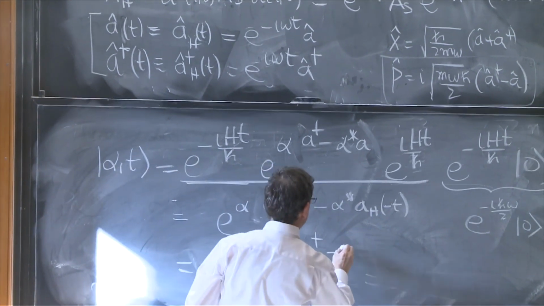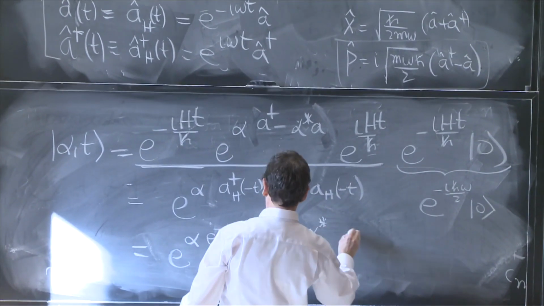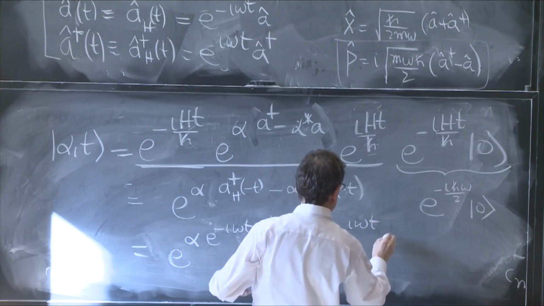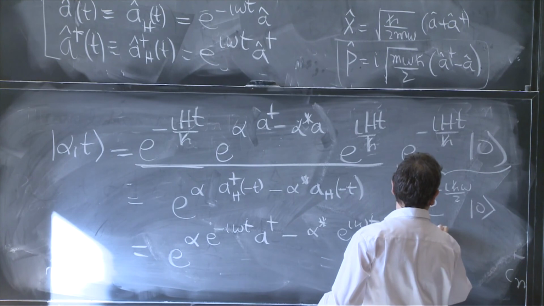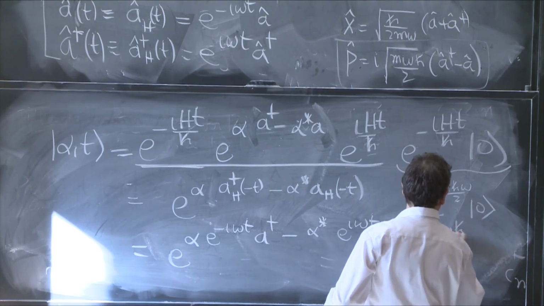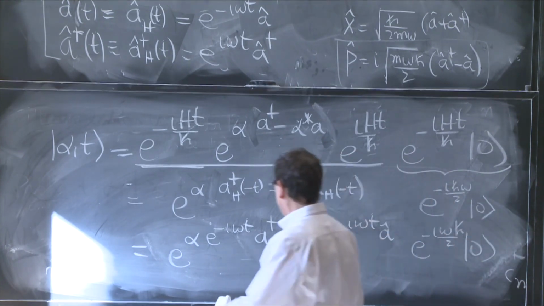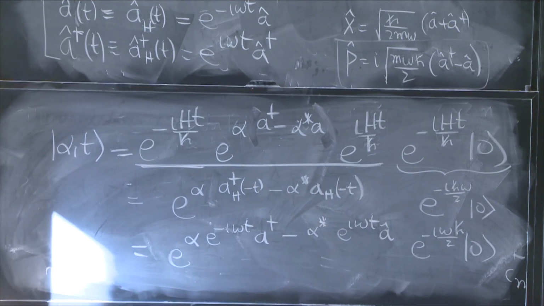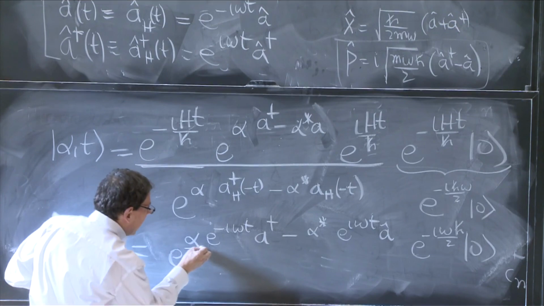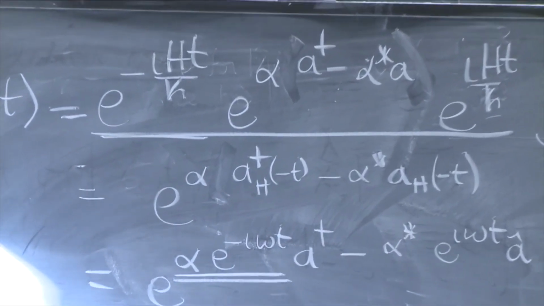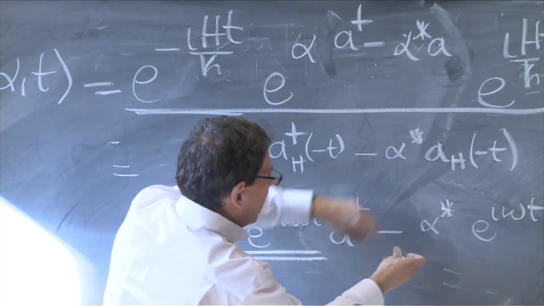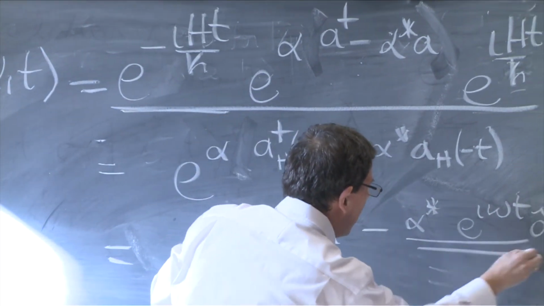And here you have minus alpha star e to the i omega t a, on e to the minus i omega h bar over 2 times the vacuum. And look what has happened. Alpha has become alpha times e to the minus i omega t, because the star is here. It's minus the star one.